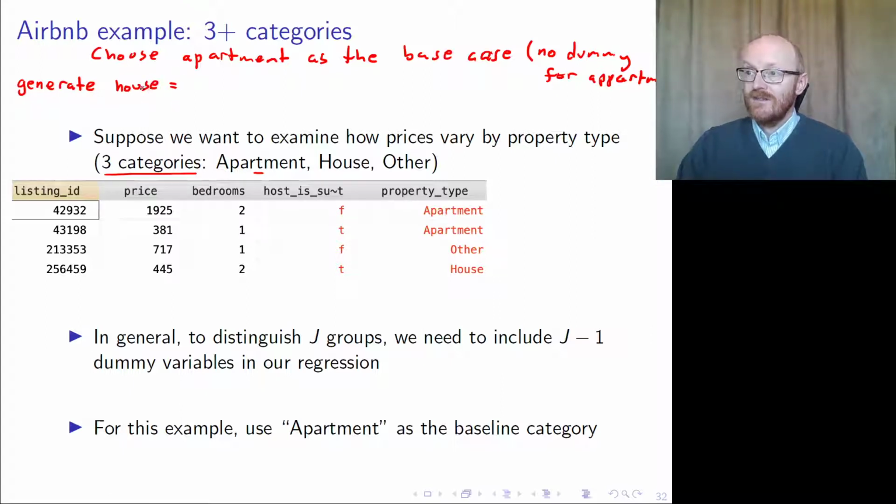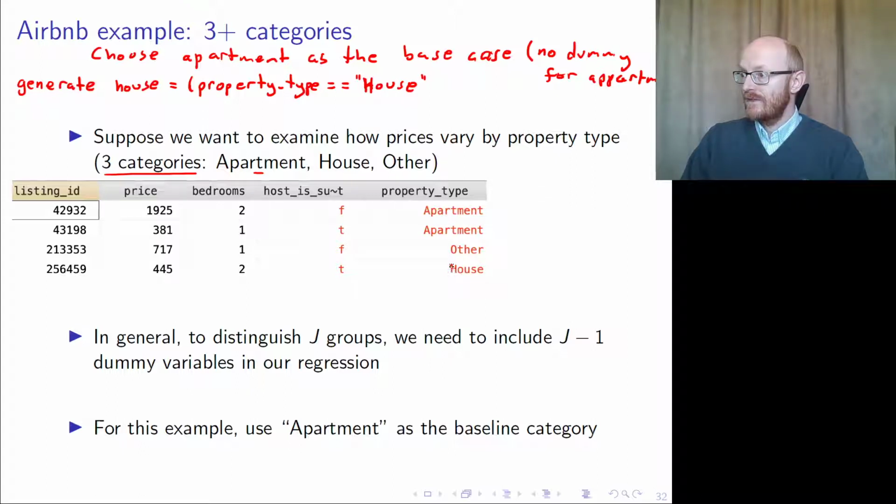This is the variable name, house, and the value of house is equal to property type, and if this is equal to house, and here you have to be careful, it's case sensitive.